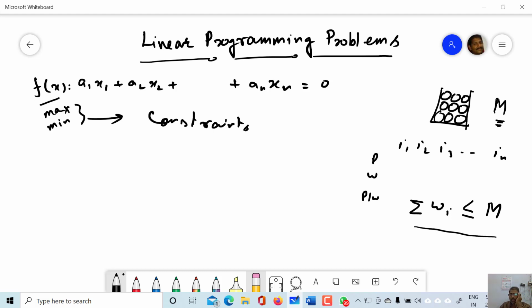Using this constraint you calculate the total profit inside the knapsack: profit multiplied by the fraction x of the ith item.